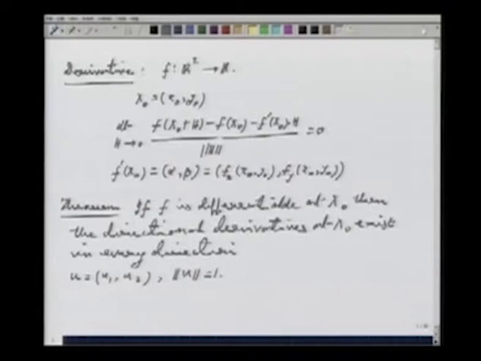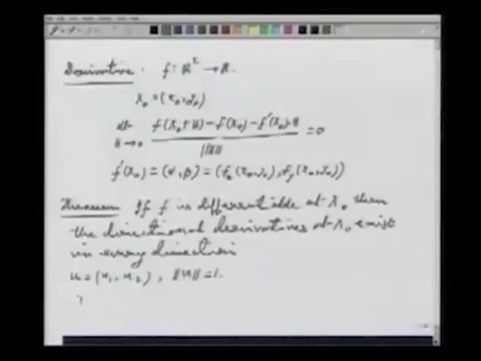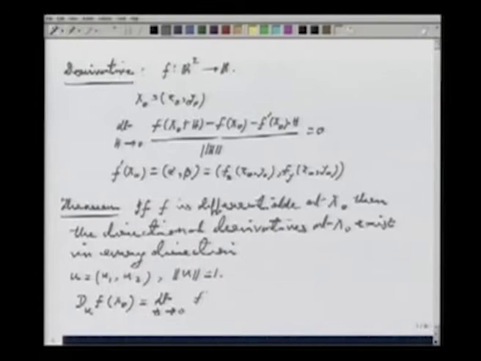Then the directional derivative of f at x naught in the direction of the vector u is called Du f at x naught, and is given by the following limit, t going to 0, where t is a number, of f of x naught plus tu minus f of x naught, divided by t.